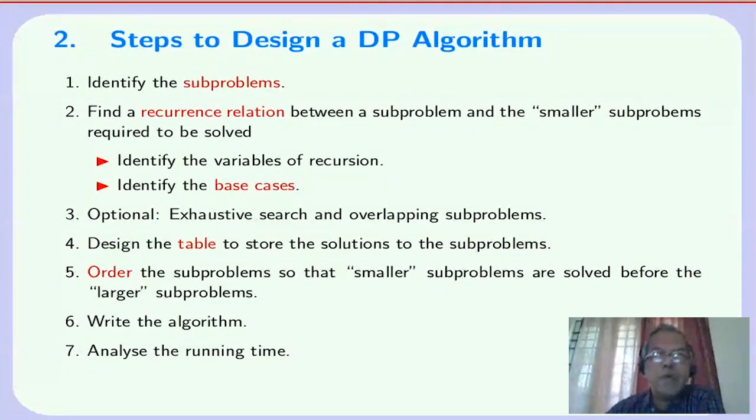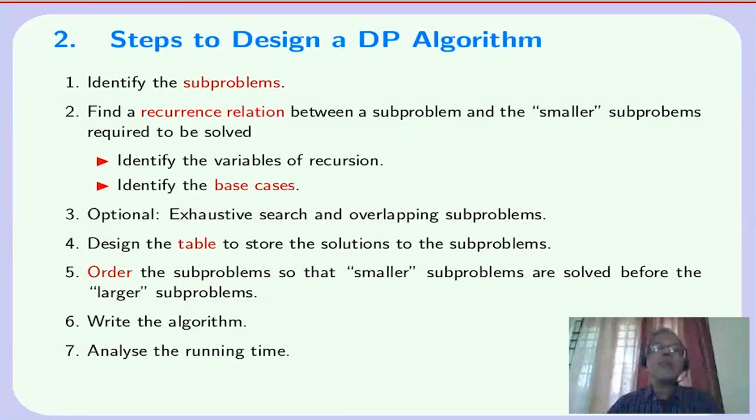Once we have identified, or we have an idea how to deconstruct a given problem into subproblems, we have to find a recurrence relation, a recursive definition between a subproblem and the smaller subproblems required to be solved. I do not count these two steps as one and the same step.